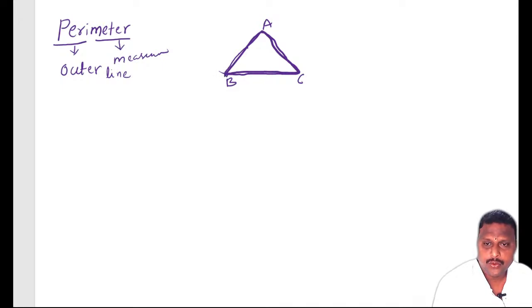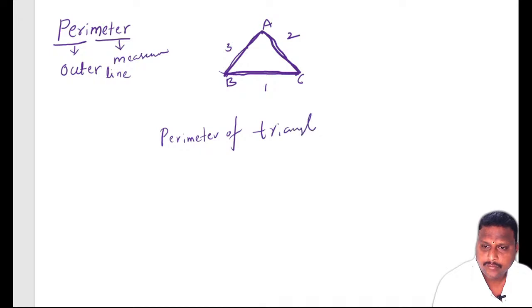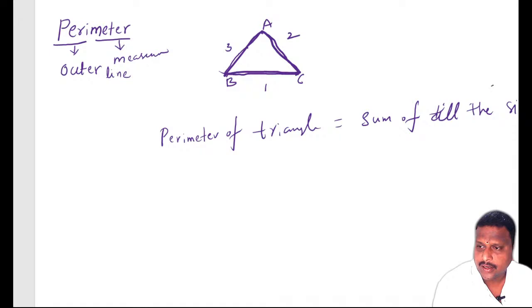From this point to this point is one side, and this point to this point is a second side. This is the third side. So perimeter of a triangle is equal to the sum of all the three sides.